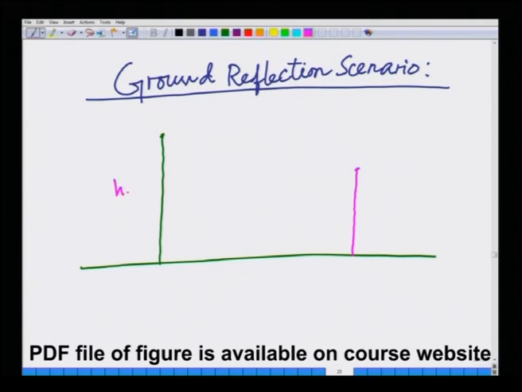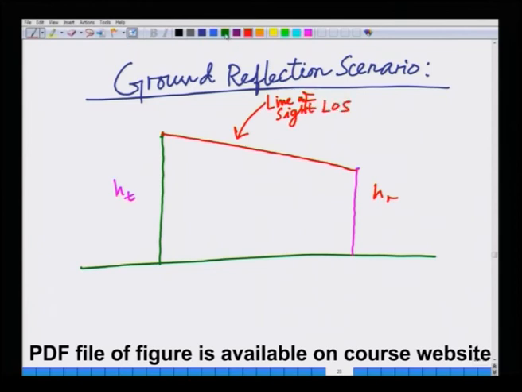So, ht is the height of the transmitter, hr is the height of the receiver. Now, there is a direct path between the transmitter and the receiver. This is the line of sight or LOS path.